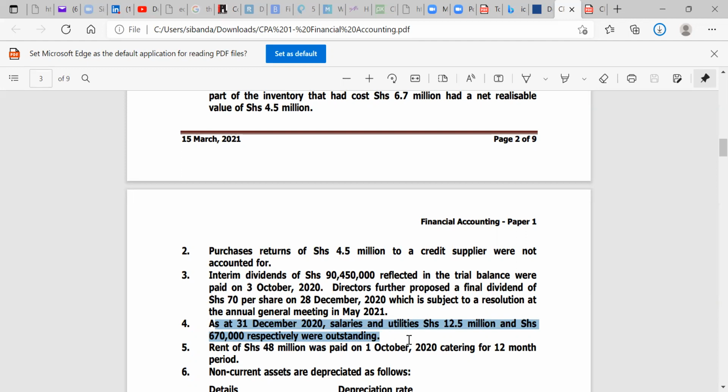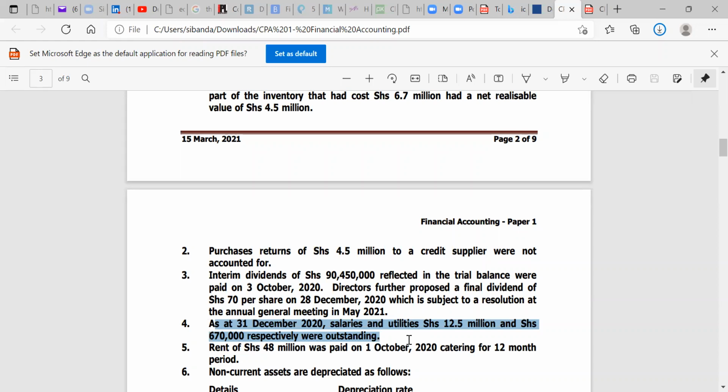So these are accruals that should be recognized within our books. And we know very well how we accrue expenses: you debit the expense. For example, salaries, you debit the salaries expense because salaries have a normal debit balance, and you credit your accrued salaries. And utilities the same way. The reason why we do the accrual is because these expenses relate to the financial year, but they were not paid. So for us to recognize them, we then accrue these costs.